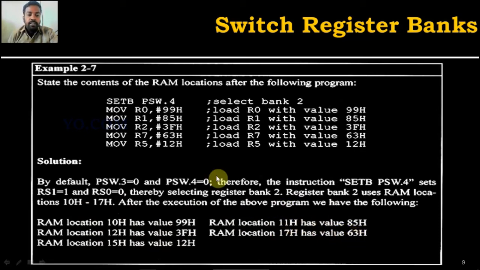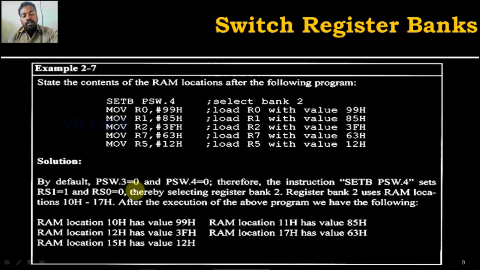Actually each general purpose register R0, R1, R2 has some address, and in that address the data are stored. So the general purpose registers are behind the RAM. The addresses of R0, R1, R2 are in the RAM.